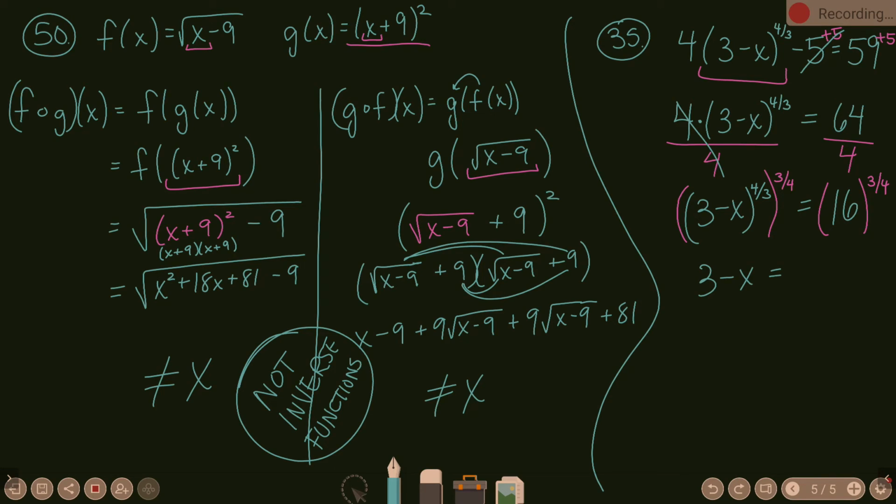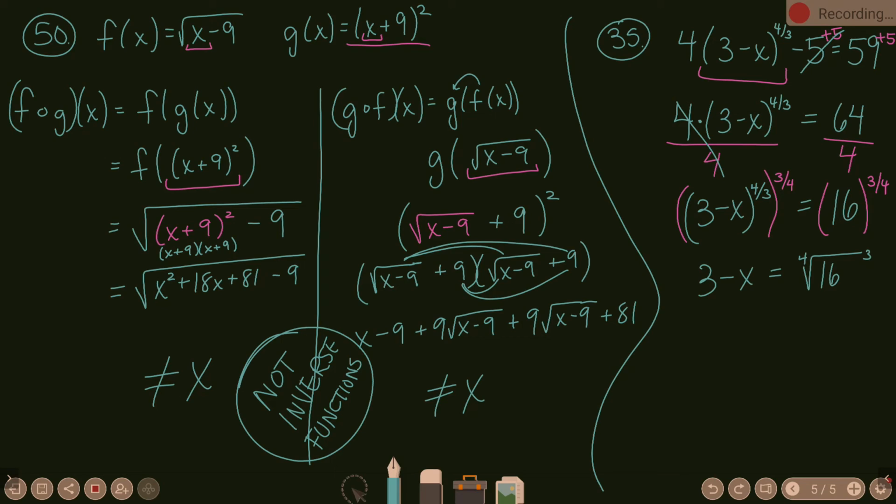Now, 16 to the 3/4. Here's what I'm going to suggest. Put 16 under a radical. 3/4: the 4 tells me to take the 4th root, and the 3 tells me to raise it to the power of 3. So what's the 4th root of 16?